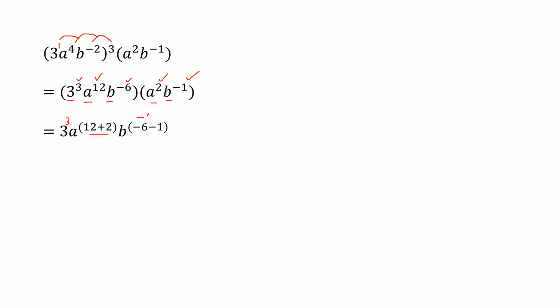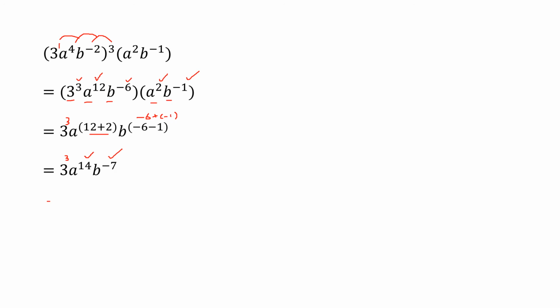Like for example, if you want to write minus 6 plus minus 1, it comes minus 7, so you can write directly. Oh, now I have to keep correcting them. 3 exponent 3, it comes a to 14, and b to minus 7.